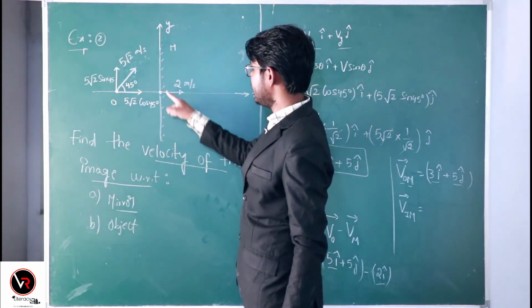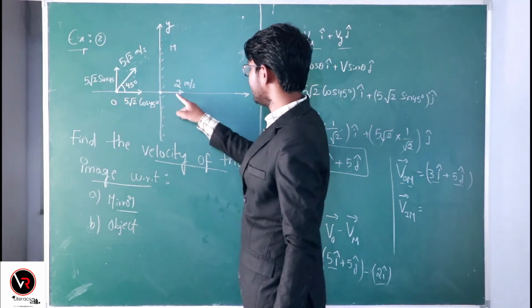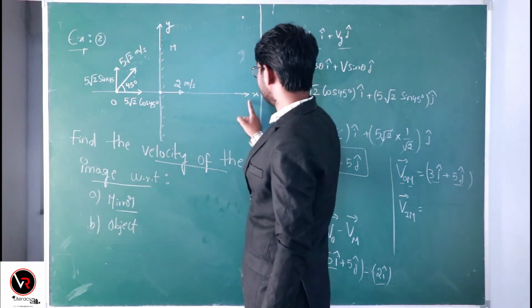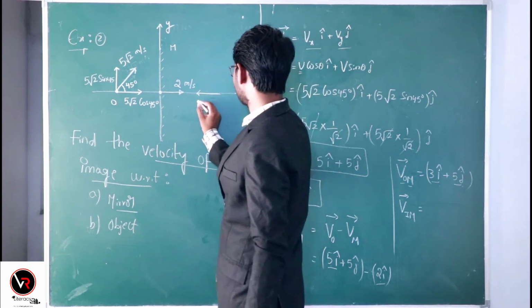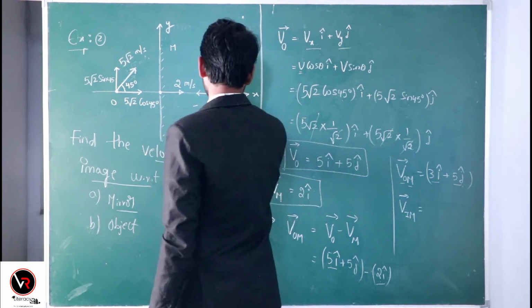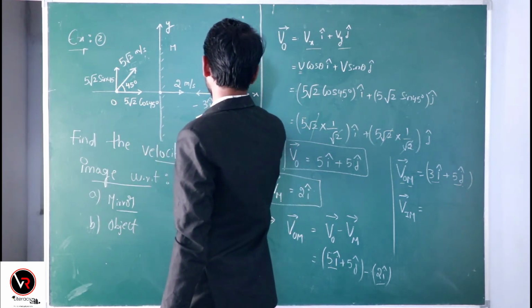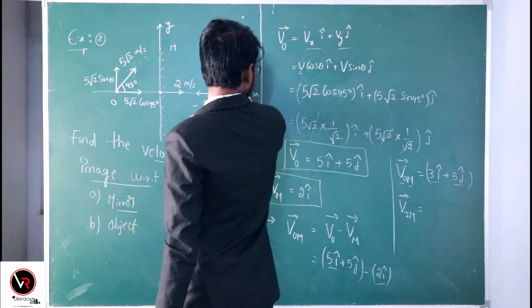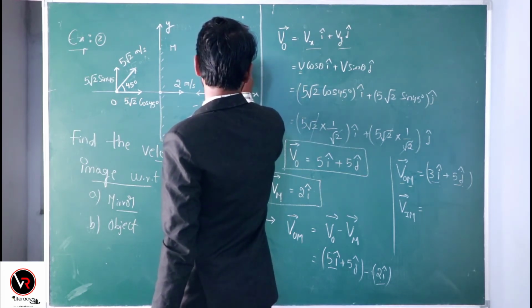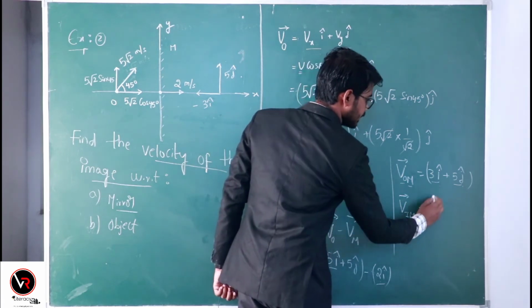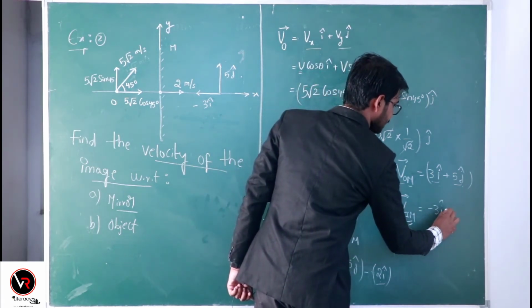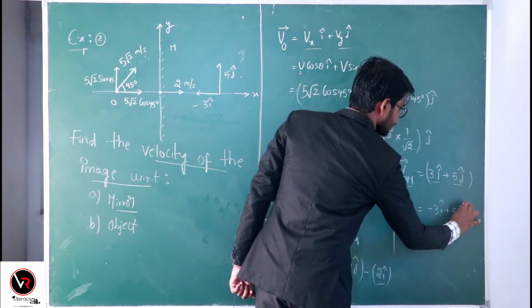This plane mirror reverses the direction only along the normal to the mirror. So the image velocity would be minus 3 î plus 5 ĵ. So here the velocity of image with respect to mirror is minus 3 î plus 5 ĵ.